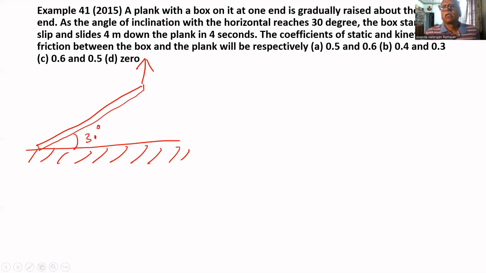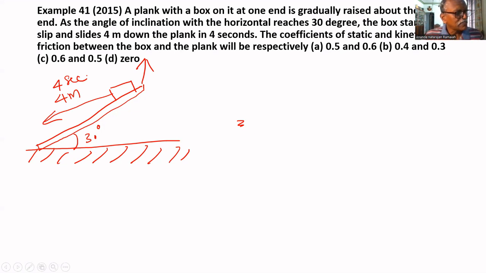The box starts to slide down 4 meter down the plank in 4 seconds. The coefficient of static and kinetic friction between the box and plank will be respectively what?